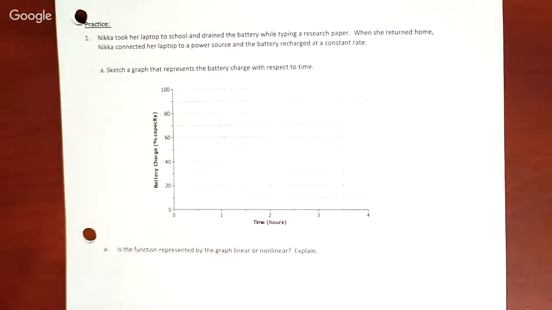So for practice, Nika took her laptop to school and drained the battery while typing a research paper. When she returned home, Nika connected her laptop to a power source and the battery recharged at a constant rate. Sketch a graph that represents the battery charge with respect to time.